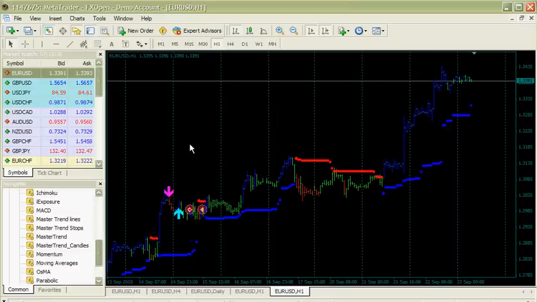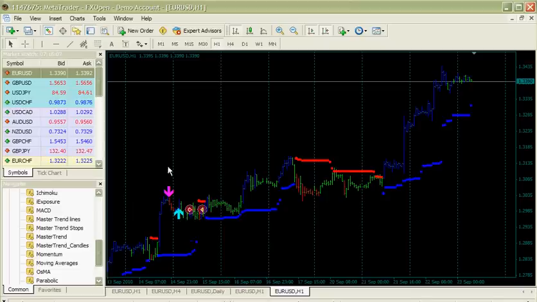As you would learn in your user manual, when you're using the Master Trend basic, there are two main conditions that you want to meet in order to enter a trade. The first condition, you're going to have to see an arrow, whether it's a red arrow for a sell or a blue arrow for a buy.